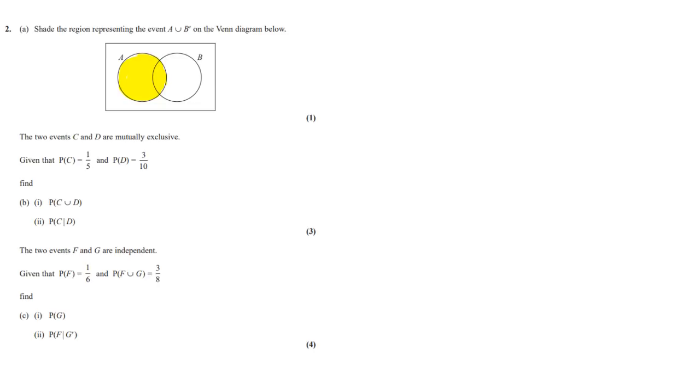B complement is the part which is not in B, so all this part which is not in B. My drawing is not very accurate, but I am trying to just explain to you.